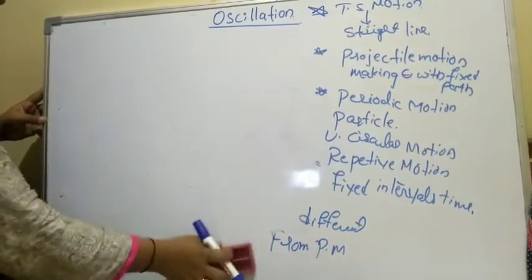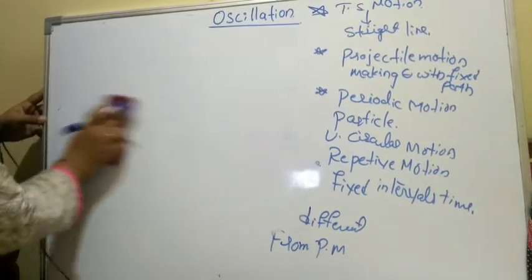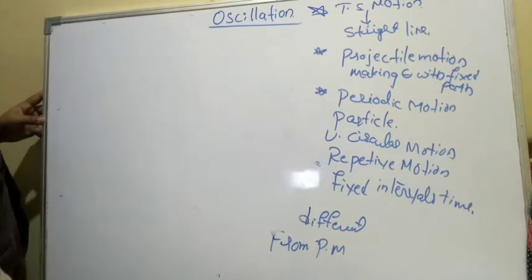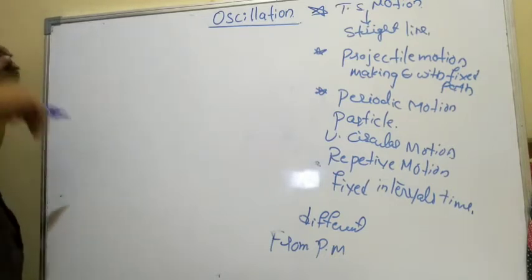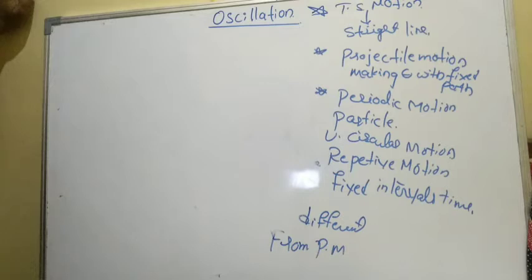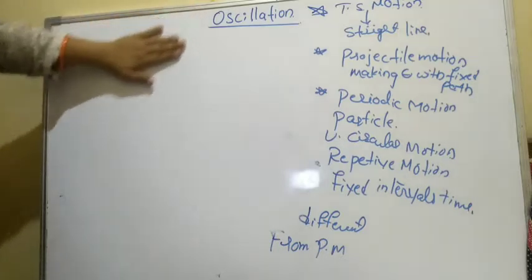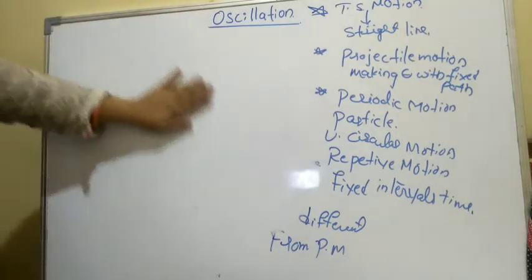Consider the insect here. Once you understand the differences between periodic motion and oscillatory motion, it is very easy to understand oscillatory motion.